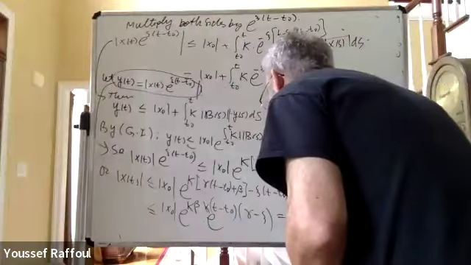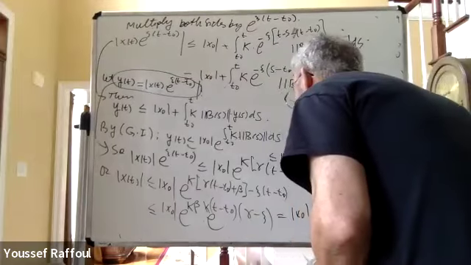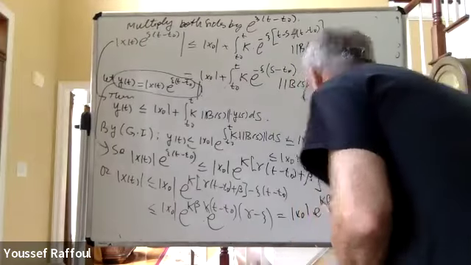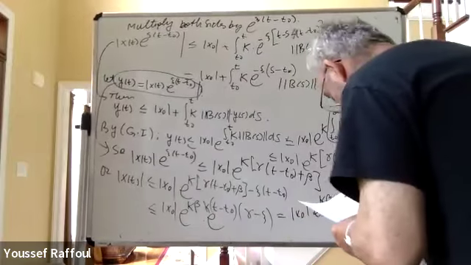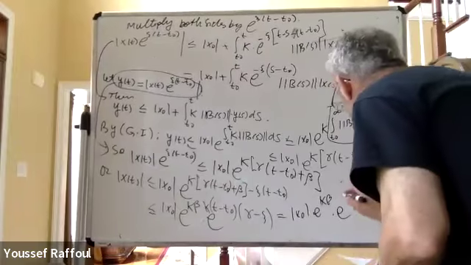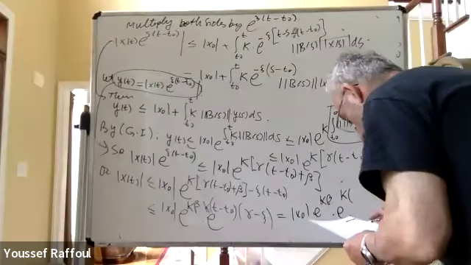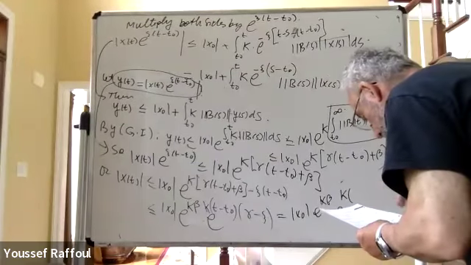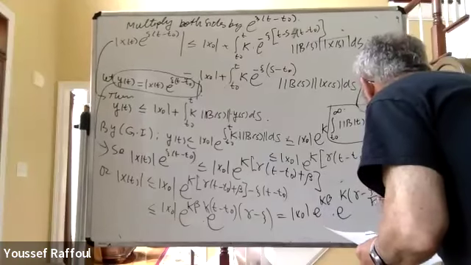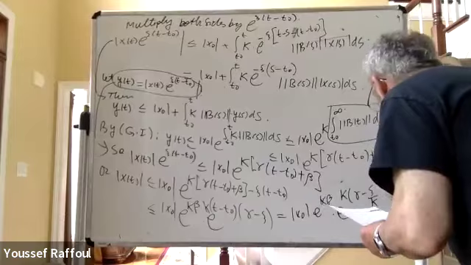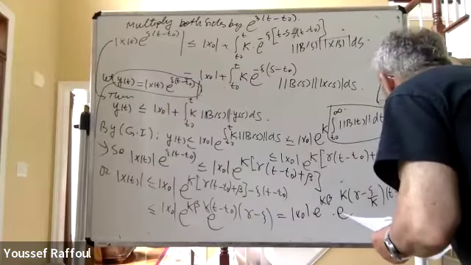So this is x naught e to the k beta times e to the k of gamma minus psi over k times t minus t naught.